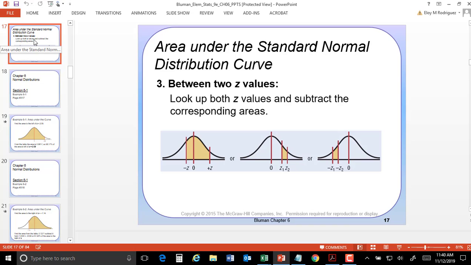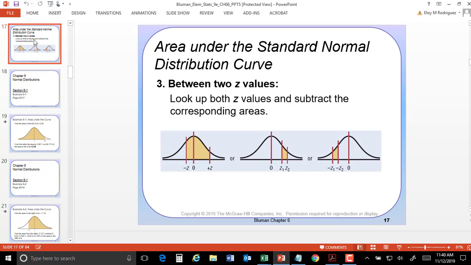Look here. Now I have an interval. See these intervals? If you're on this side, they're positive z's, obviously, and on this side, they're negative z's. Correct? This is assuming that you've already converted these to z-scores.